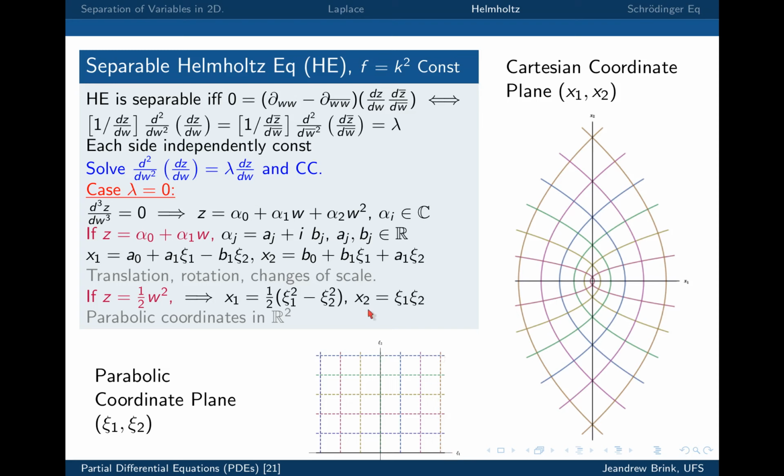Then you have x2 equal to xi2 times some constant, and then you have x1 equal to some constant minus xi2 squared, which is basically some constant minus x2 squared. So you basically have a parabola that's on its side like that. You can do that for every single line over here, and you can see the lines that I've drawn correspond to the actual parabolas in there.